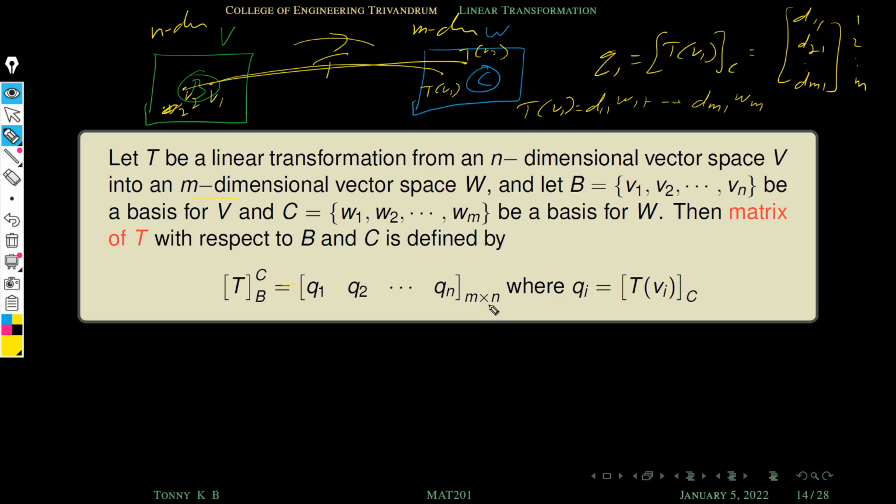You can find this m by n matrix using this formula. And also we will see that this matrix, the matrix of T with respect to B and C, is equivalent to our transformation T. We will see the relation between this matrix and our transformation. That means we can determine the action of T completely by using this matrix.